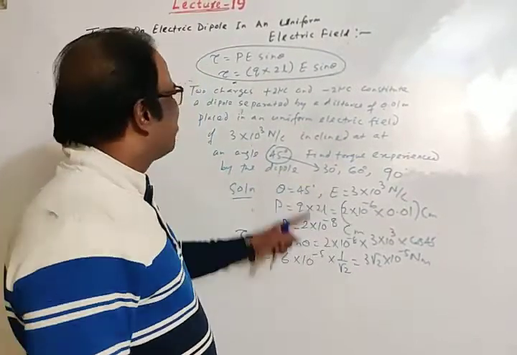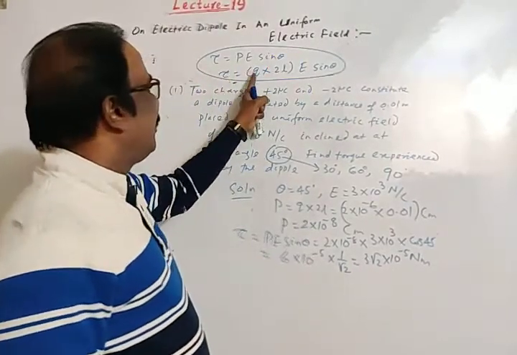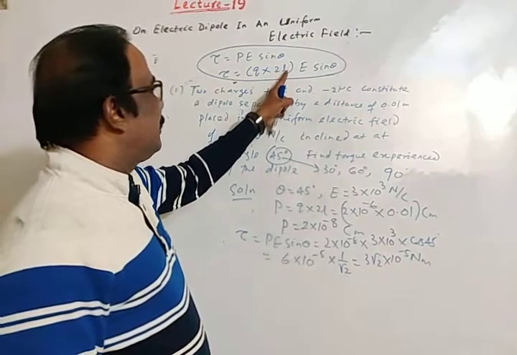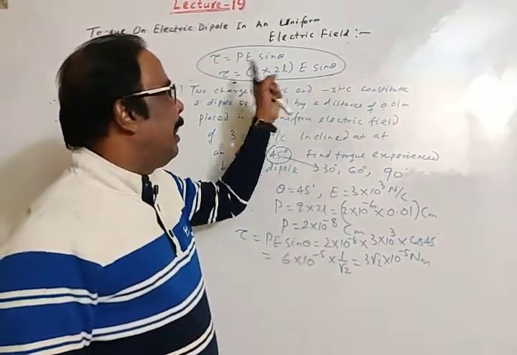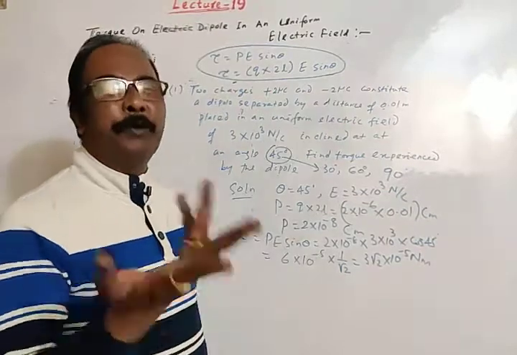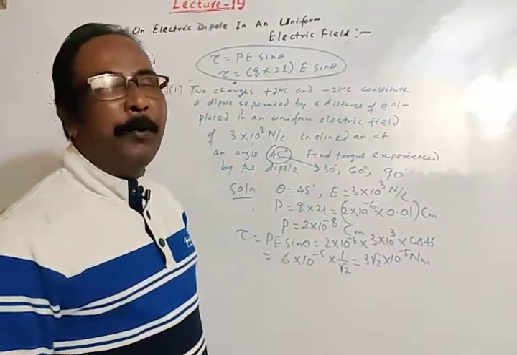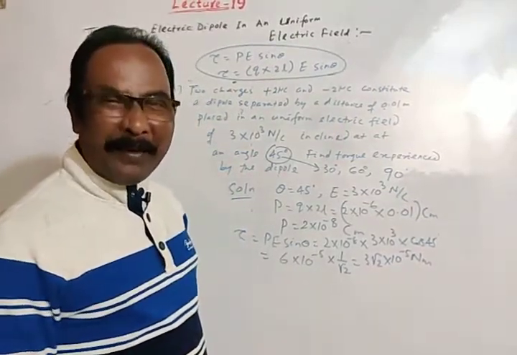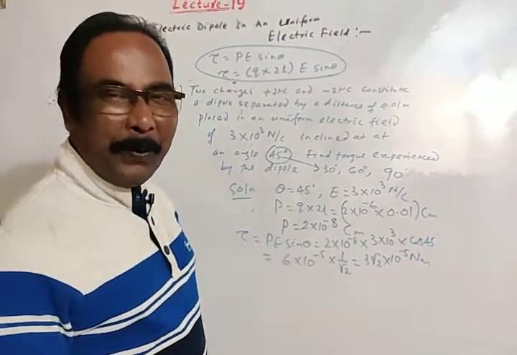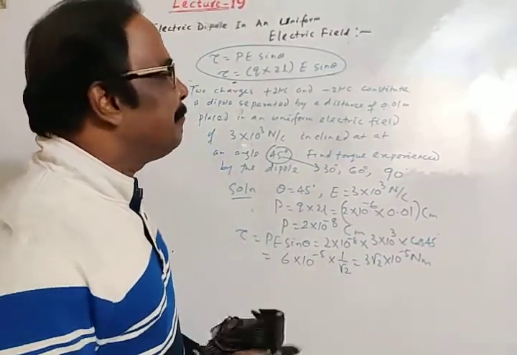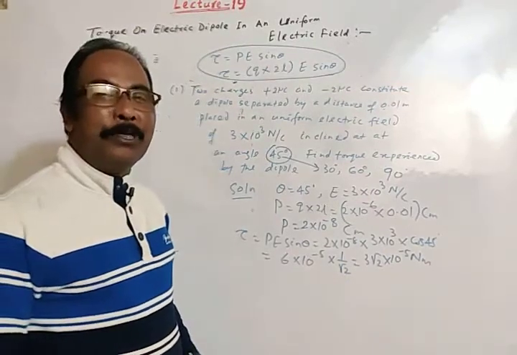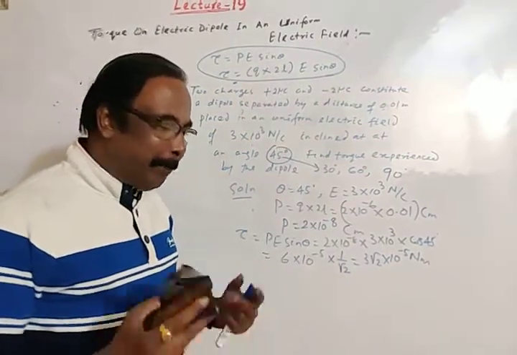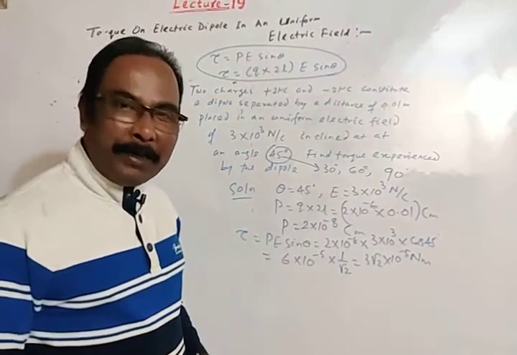Torque 1, charge 2, length 3, electric field 4 and theta 5. Out of 5 variables, if 4 variables are given, then we can calculate the unknown variable. So no need to do more questions. Some application based questions and easier questions may help you for your competitive exams.